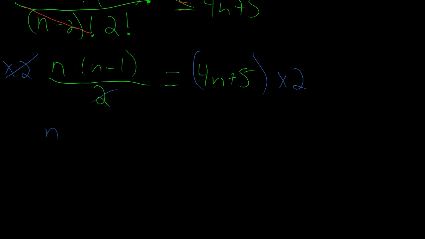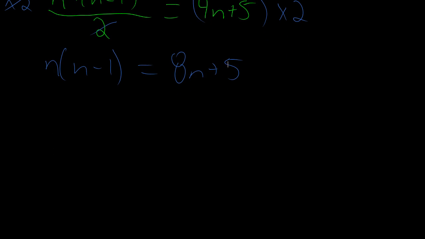Of course the 2's go away here, and I'm left with n times n minus 1 equal to, and I'll expand that to 8n plus 5. And I guess I could have expanded on the last step. This is a quadratic. So we have n squared minus n, and that equals 8n plus 5. And we know that when we're solving quadratics, they should equal 0 in order for us to get the correct answer and to factor it.